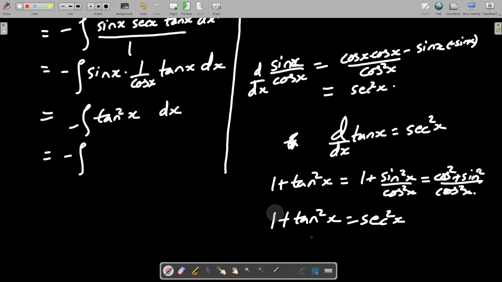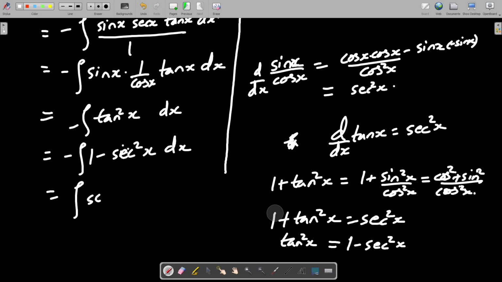So this leaves you with tan square x is equal to sec square x minus 1.